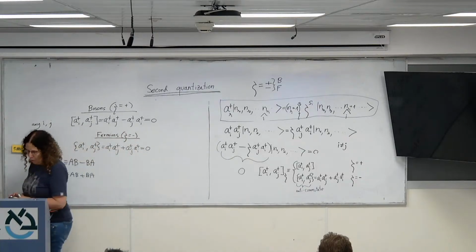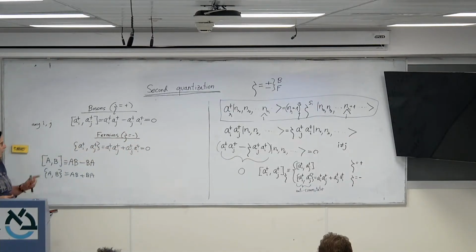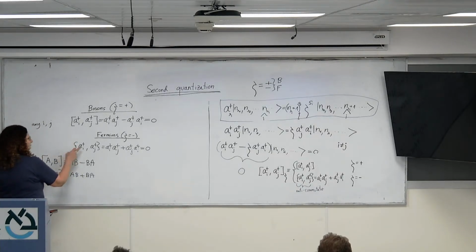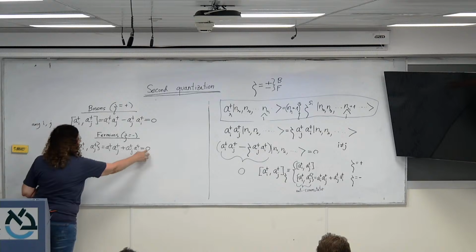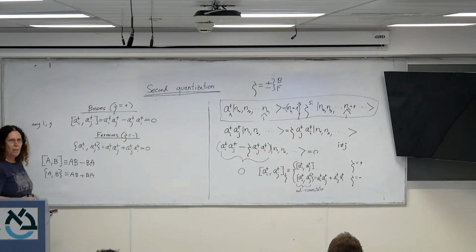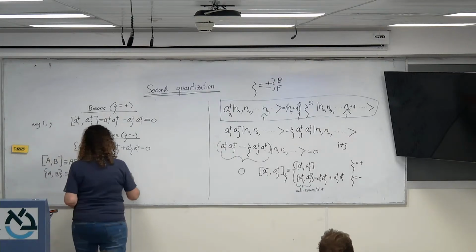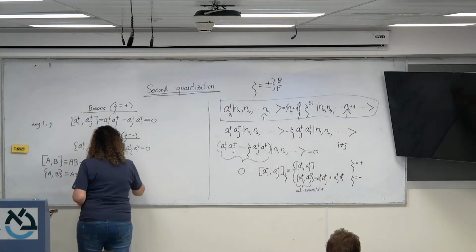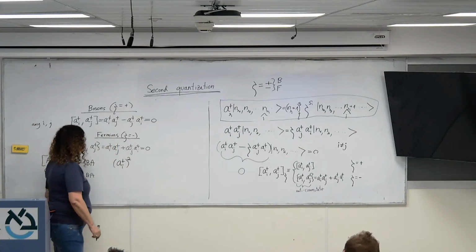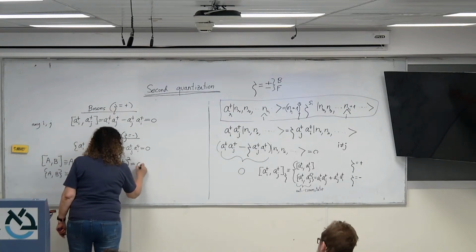Okay, and the last thing I wanted to say is for the fermions, again, this constraint is true for i different from j, but also when i is equal to j, because of the trivial reason that a_i dagger squared for any i is identically 0.